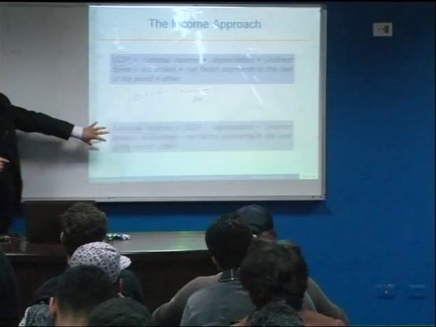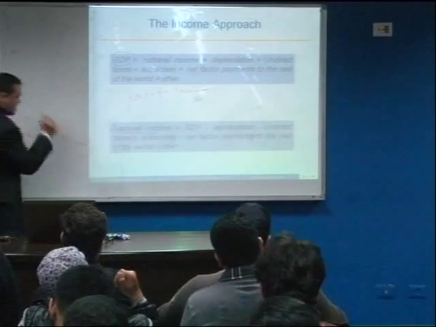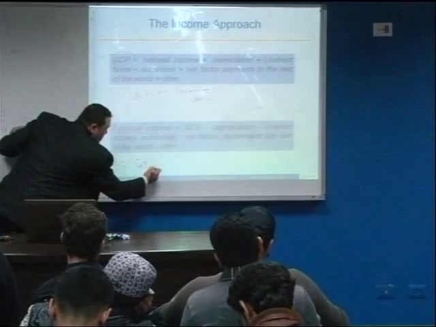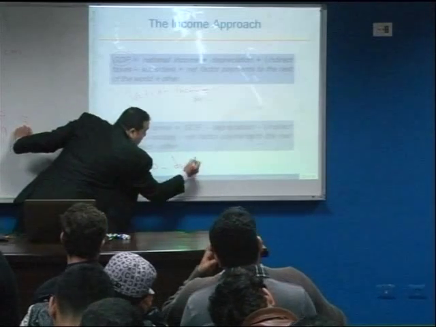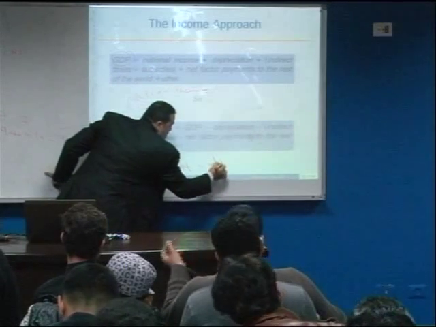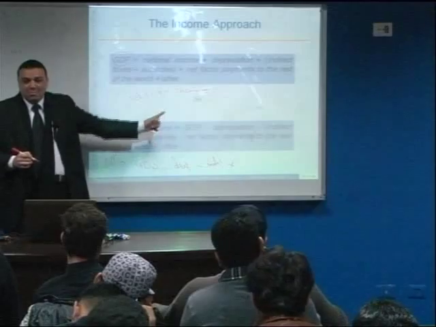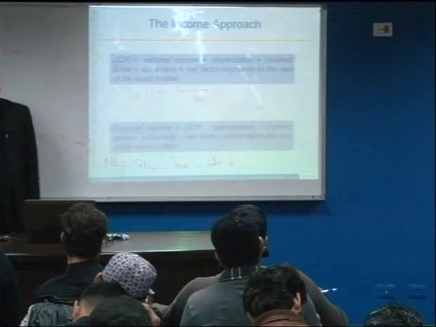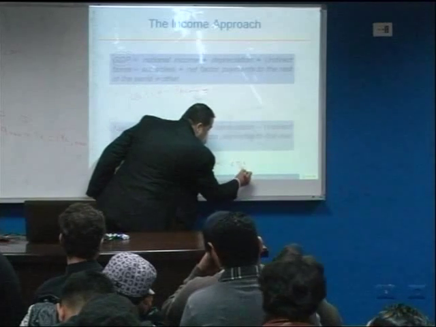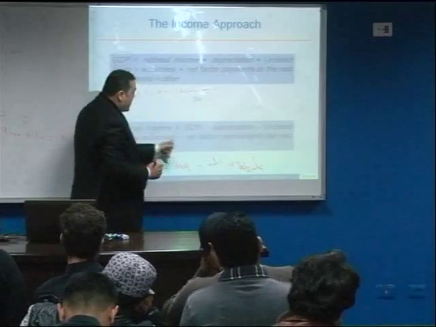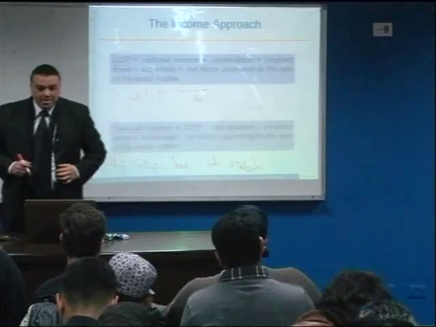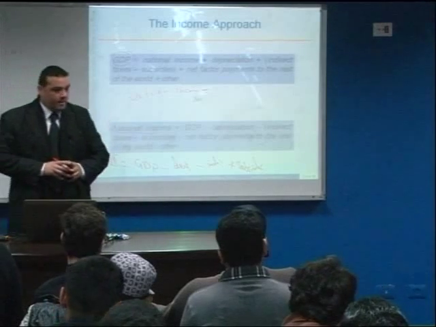So we can write the formula as you see: national income NI equals GDP minus depreciation minus indirect taxes plus subsidies, because minus times minus equals plus, the production subsidies, minus the net factor payments to the rest of the world. And the others we can ignore, because they are not significant.